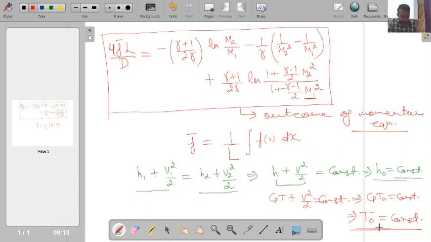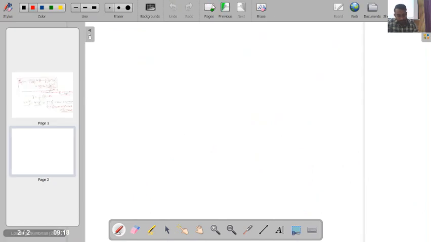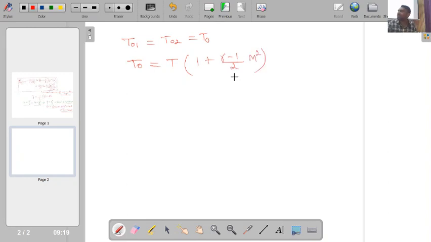Okay. Now what we need to do? So from here I can simply say that T01 will be equal to T02, and this I can call T0. Now we have seen earlier, while we derived the different forms of the energy equation and tried to establish the stagnation properties, that T0 equals T times 1 plus gamma minus 1 by 2 times M square.